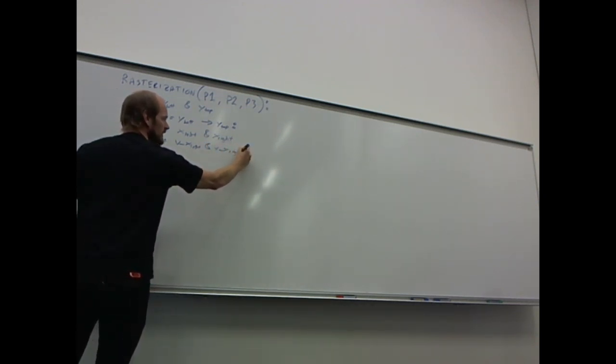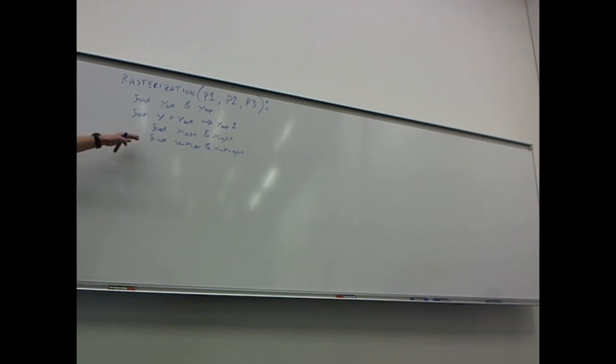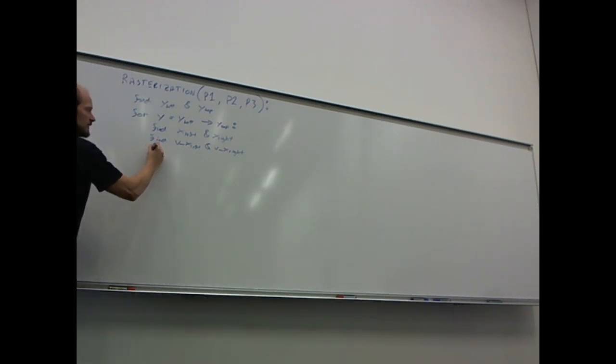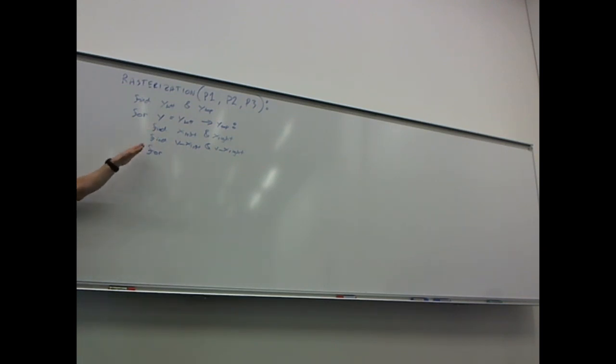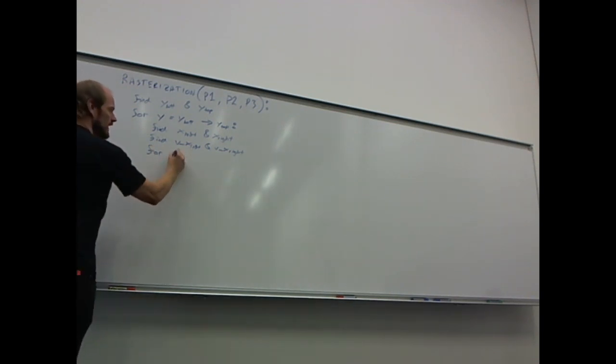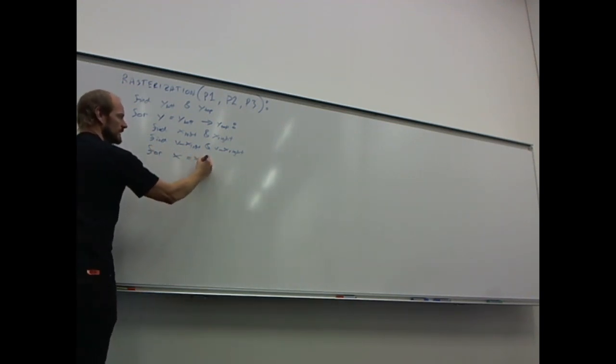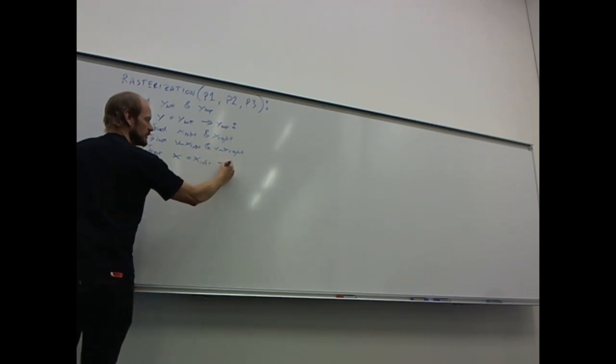So for every varying variable in this, we need to find the left and the right value. Now that we've found these, we can go along this scan line. So every Y decides in which scan line we are. When we're walking the X, we're basically scanning the scan line. So for X going from X left to X right.